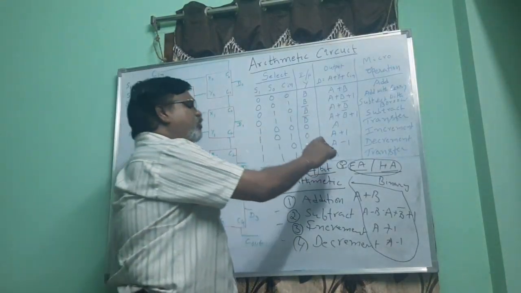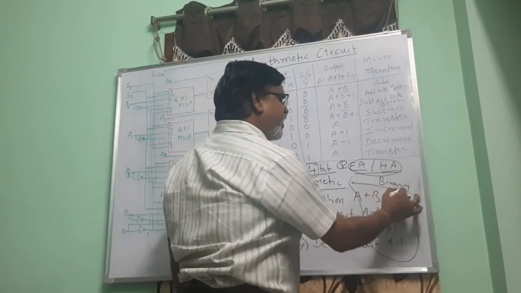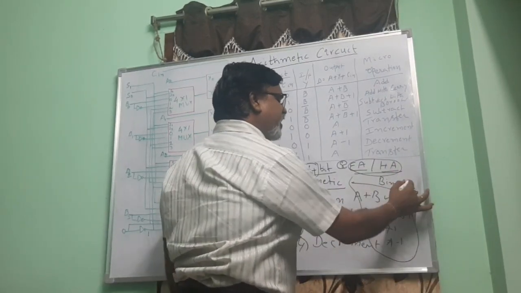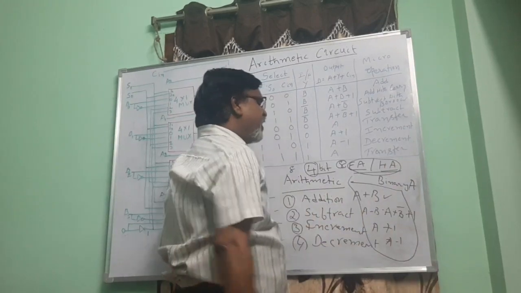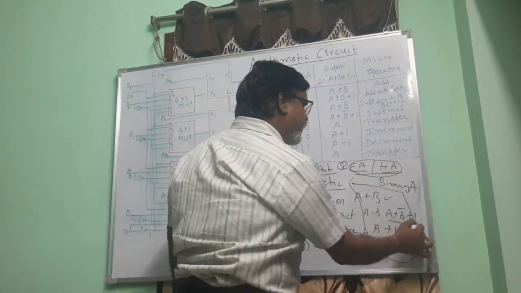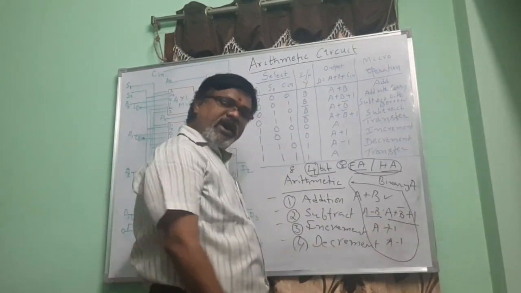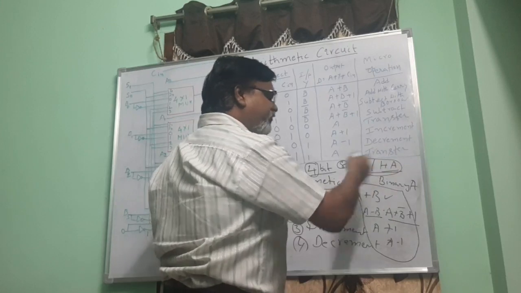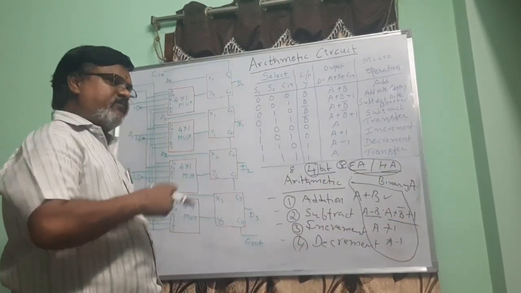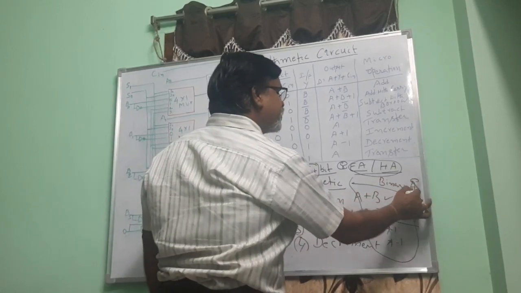So if we use these adders to perform addition, that cascading of adders is called a binary adder. And if these full adders or half adders are used for performing subtraction, then that type of cascading, or connection of a sequence of full adders or half adders, is called a binary subtractor.